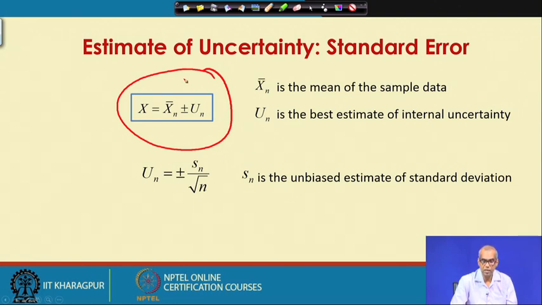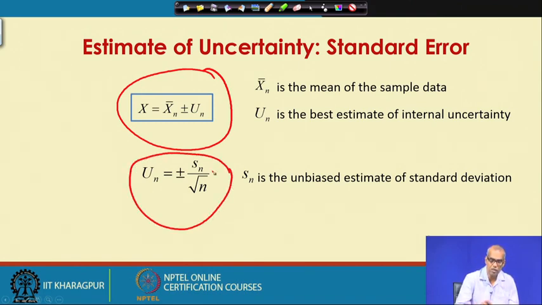So, x is x bar plus minus u, and an estimate of this uncertainty is standard deviation. This is standard deviation divided by square root of n, where n is the number of observations.